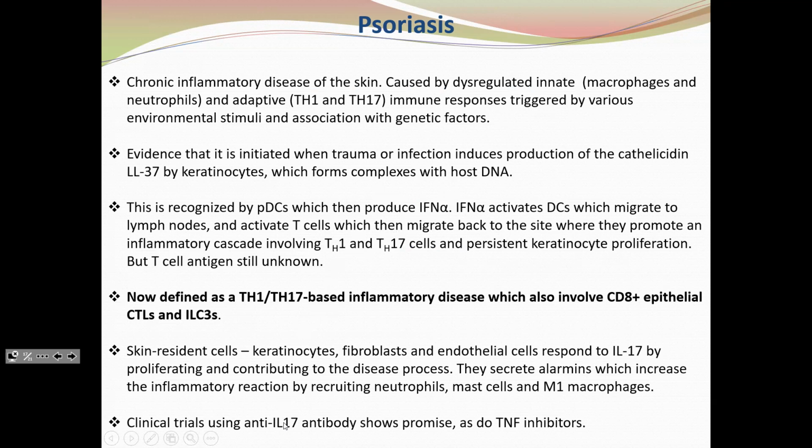So if you remember, IL-17 is an important cytokine for activating neutrophils. And so it's thought that by blocking IL-17 production, this has a major effect in suppressing the inflammatory response in this disease.